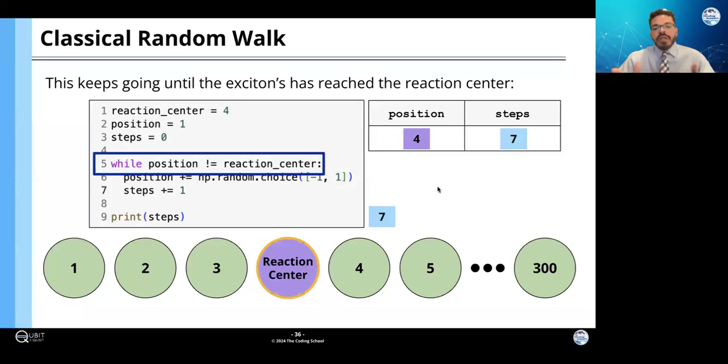The exciton was only 2 or 3 steps away, but it took 7 steps. That's because of the random nature of this classical random walk. The exciton doesn't know which direction the reaction center is in, so it's just stumbling around blindly, randomly, until it gets there.